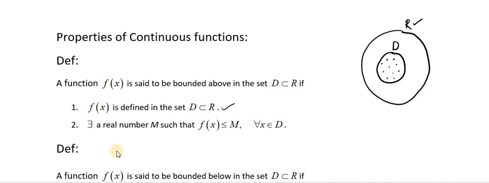At these real numbers, the value of f is always less than or equal to capital M. Whenever these two conditions are satisfied by f of x, then we say that f of x is bounded above.